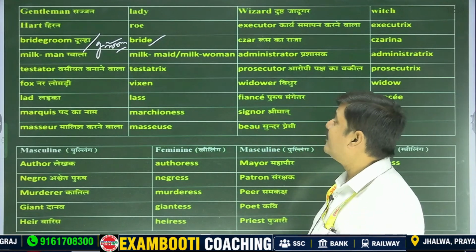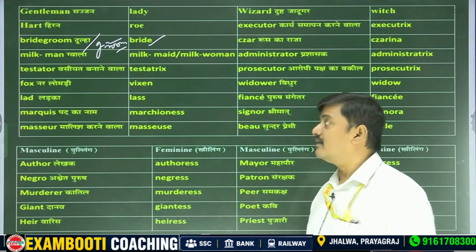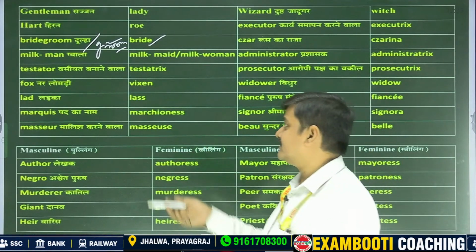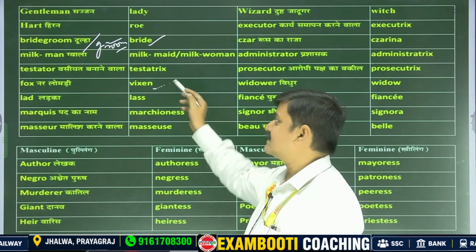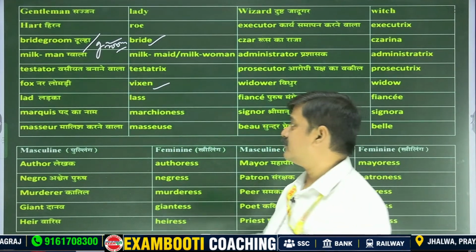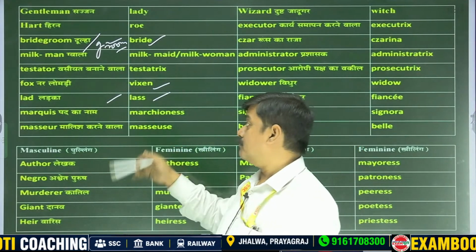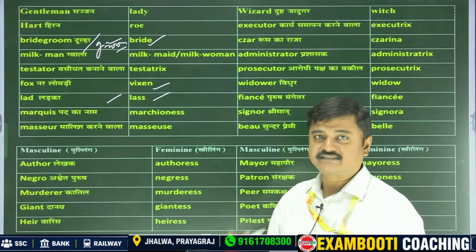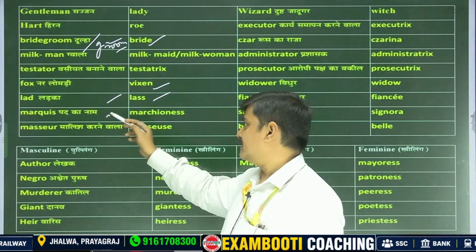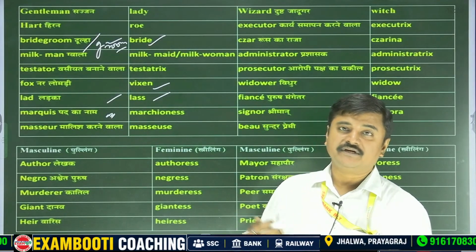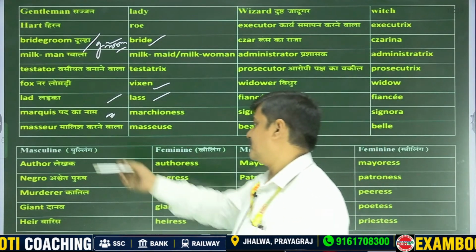Milkman, milkmaid or milkwoman, both words are correct for milkman. Testator, testatrix. Fox, vixen, we discussed this word yesterday. Lad and lass, of course, boy and girl. Marquis and marchioness. This is also a post that was used in medieval Europe.